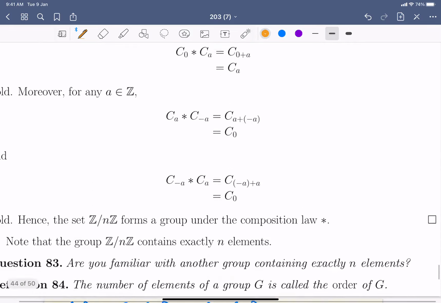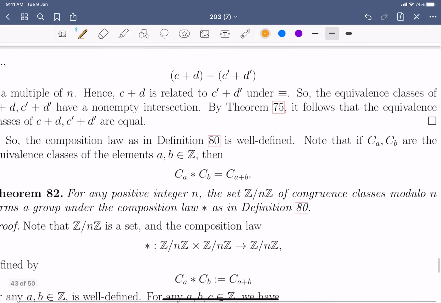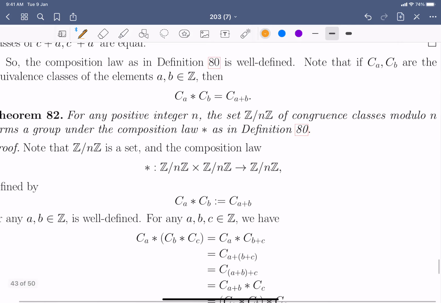So you need to be careful. There is some room for confusion, but this is a standard convention.